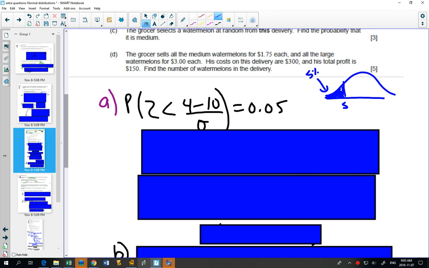We know that the mean is 10, but we don't know the standard deviation, so we're going to have a tough time finding S directly. However, if we think of this as a standard normal curve with a mean of 0 and standard deviation of 1, we could find the z-score for S.